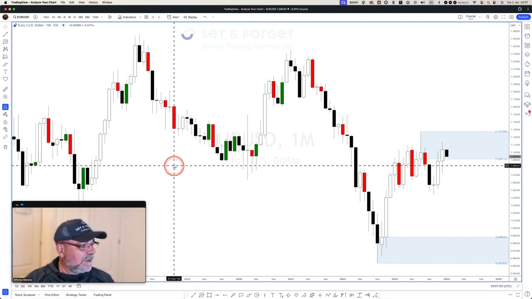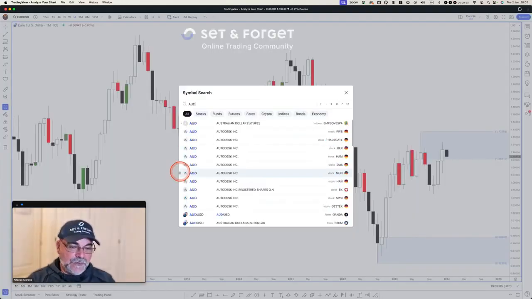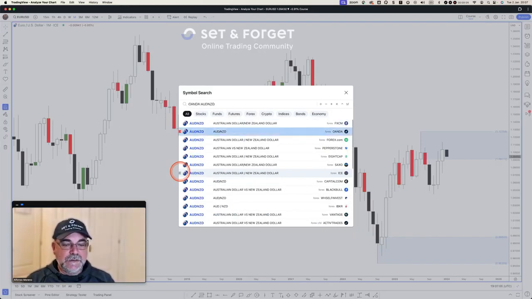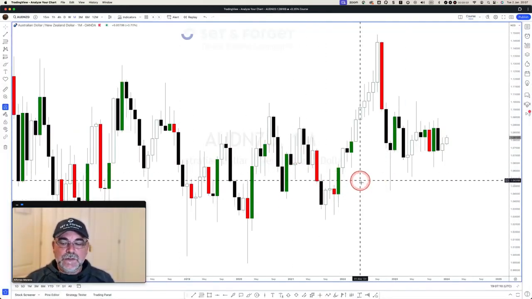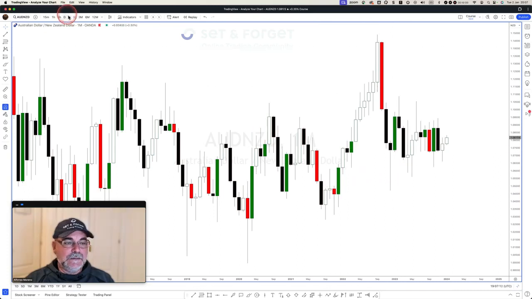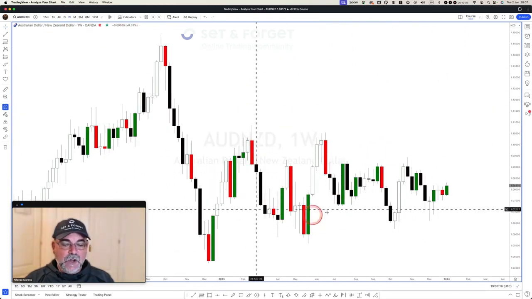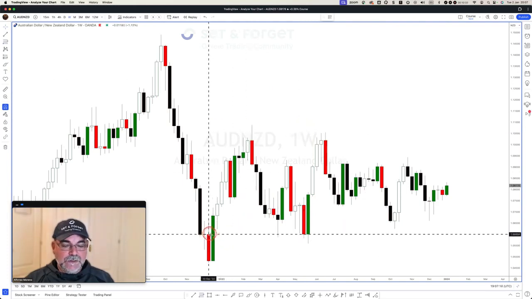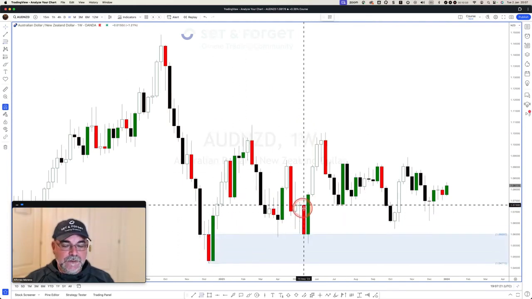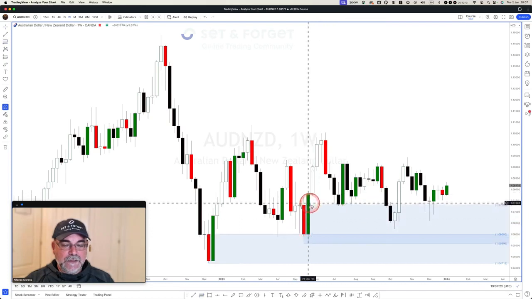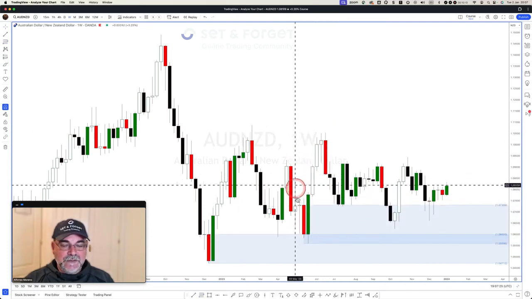So let's take a look at the Aussie Kiwi, the Australian dollar versus the New Zealand dollar. On the weekly, we've got this imbalance over here, and another one over there. Look at the strength of this imbalance.